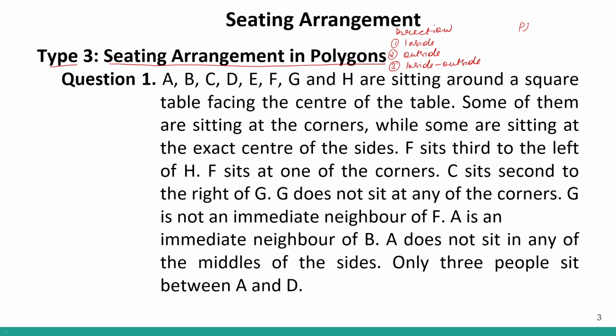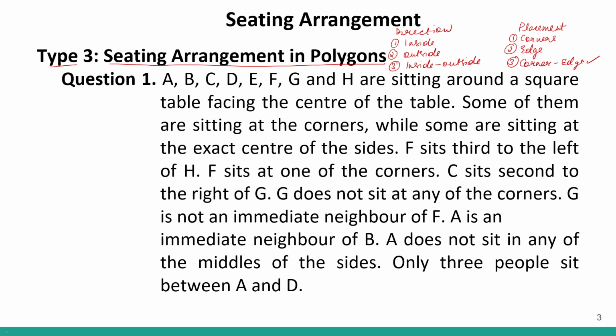Then there is also possibility of placement. In your polygon type of questions, there could be a possibility that everybody is sitting in corners, correct? Everybody is sitting at the corner of the table. Second possibility is that everybody is sitting at the edge of the table. And the third possibility is that some people are sitting at the corner and some people are sitting at the edge.